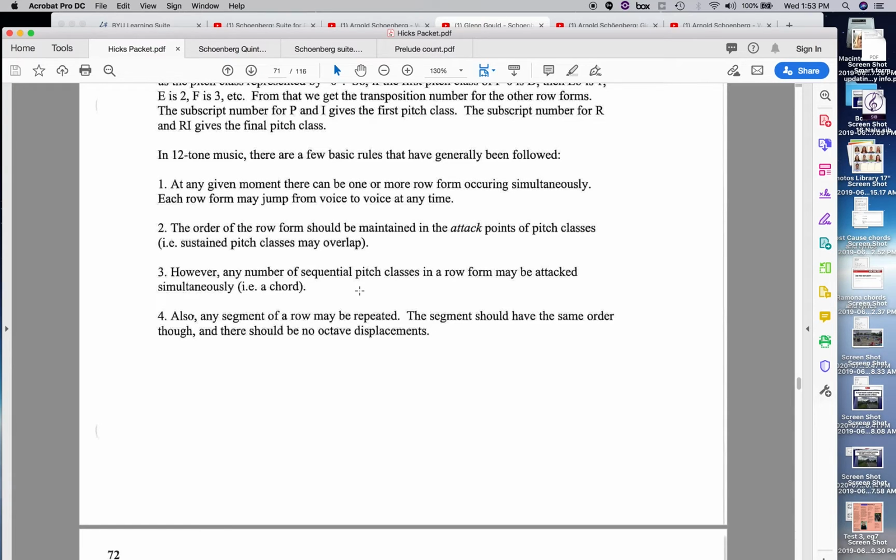So, the most extreme version of that is you could have a 12 pitch class chord with all chromatic pitch classes attacked at once. You could do that, and that could be any of the row forms of any 12-tone series. So with chords, it doesn't matter which member of the series is higher or lower once they're attacked simultaneously.